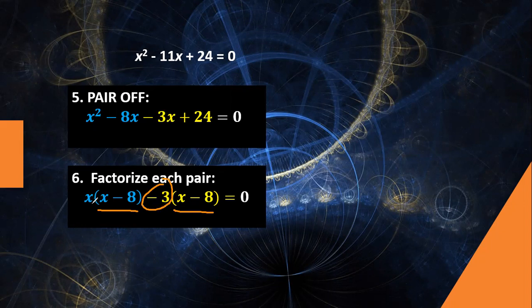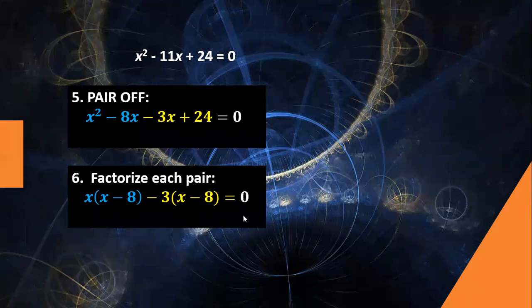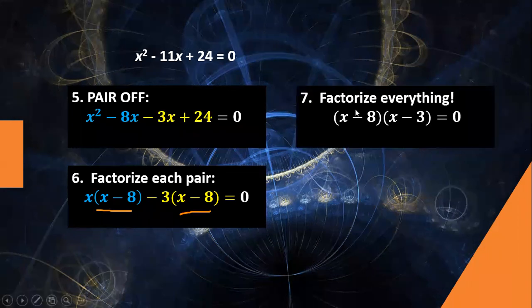Now we have x into x minus 8 minus 3 into x minus 8. Watch carefully: there's an x minus 8 there and an x minus 8 there, so we can factor that out. So it becomes x minus 8 factored out, and you remain with x minus 3, which is this. Any questions there?